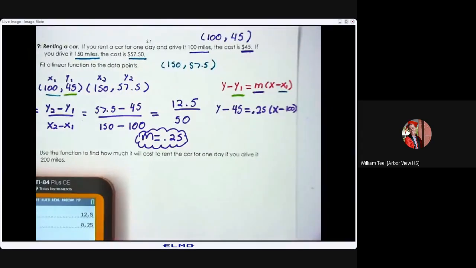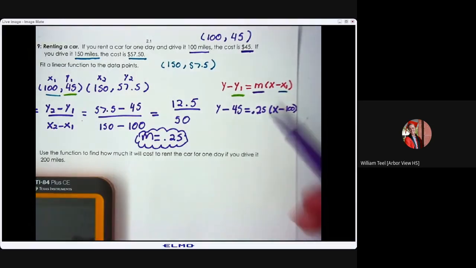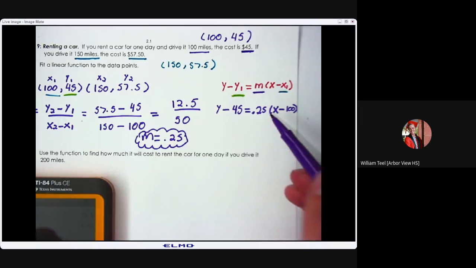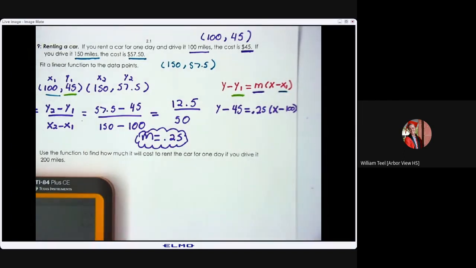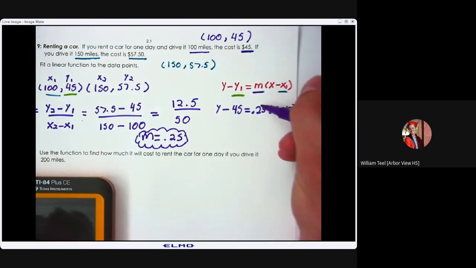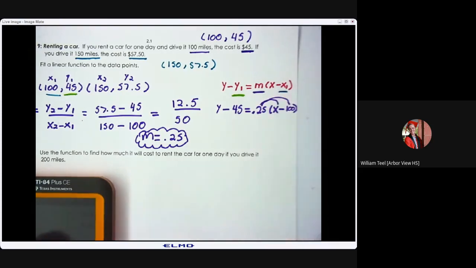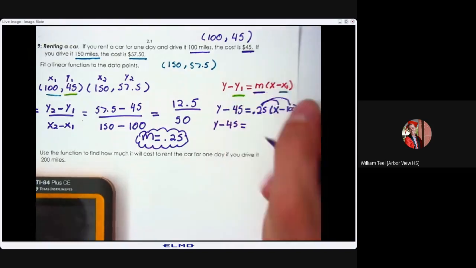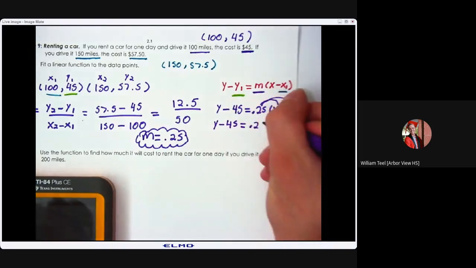Okay? Now, I can go ahead and convert this into slope-intercept form. All I have to do is take care of this parentheses, and combine like terms, get y by itself. So what I'm going to do first, I'm going to multiply this 0.25 to both terms inside the parentheses. So I have y minus 45 is equal to 0.25x.